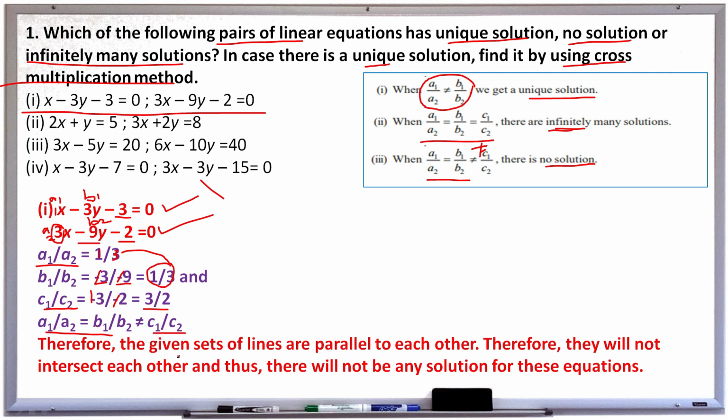Therefore the pair of linear equations are parallel to each other, because the condition says if a1 by a2 is equal to b1 by b2 is not equal to c1 by c2, then there is no solution. They will not intersect each other and thus there won't be any solution for this equation. So first question, there is no solution.